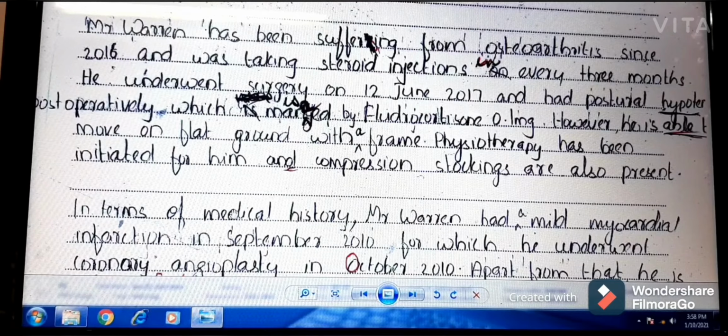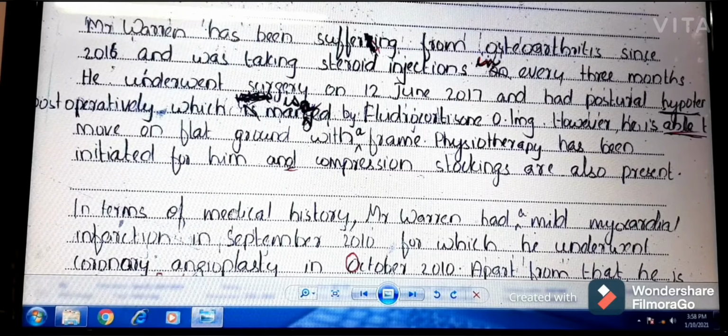For instance, if this sentence is in active voice, it should be: physiotherapist has initiated physiotherapy. But who did physiotherapy is not important. But physiotherapy is given. That is more important. So, physiotherapy has been initiated. That is the passive voice of that idea.